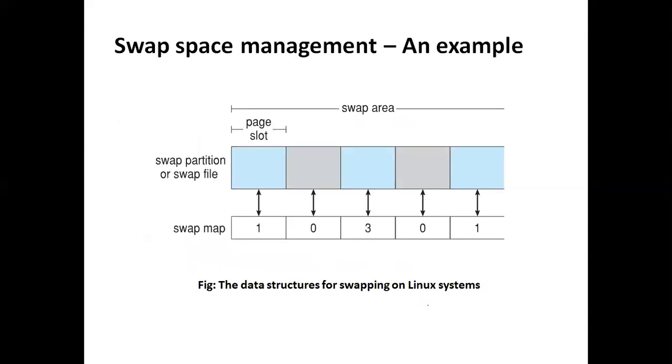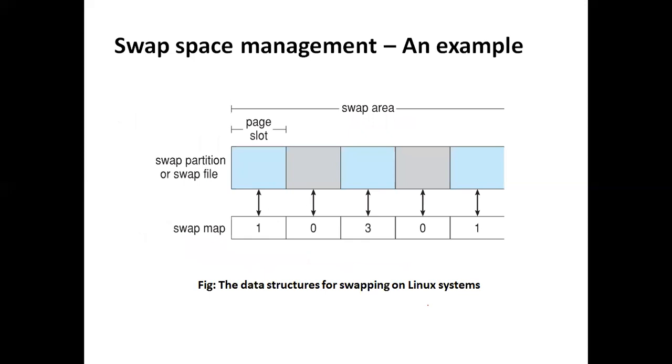In this example, we are going to discuss how swap space, or how swapping, is done on a Linux system. A Linux system is going to have a swap area that may be, like I said, a swap file or a swap partition. That is, it may reside on a file system, or there can be a separate raw partition.